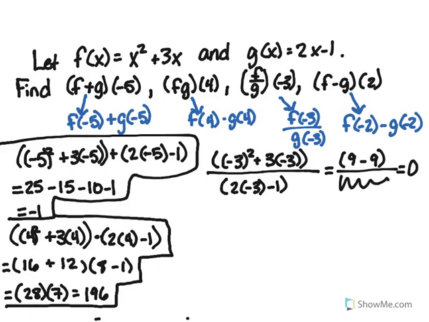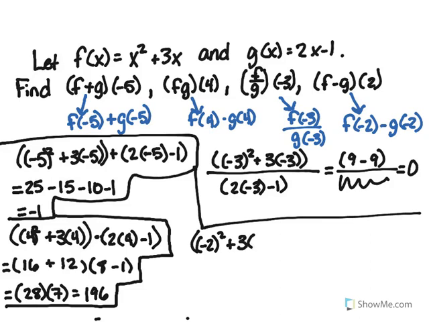Okay, let's do f of negative 2. So we have f of negative 2, which is negative 2 squared, plus 3 times negative 2. And then this is minus g of negative 2. So we have 2 times negative 2 minus 1.